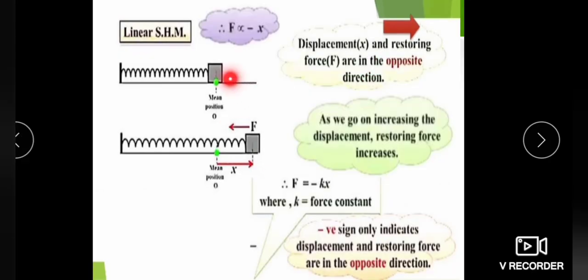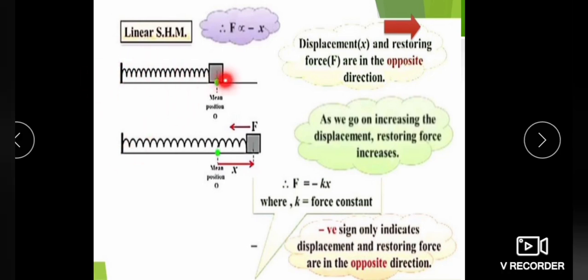If the spring is compressed, if displacement is in the left hand direction, after leaving it, the block will come back to the original position in the right hand direction, and hence its motion is to the right if displacement is to the left. Hence again displacement and force are oppositely directed and directly proportional.